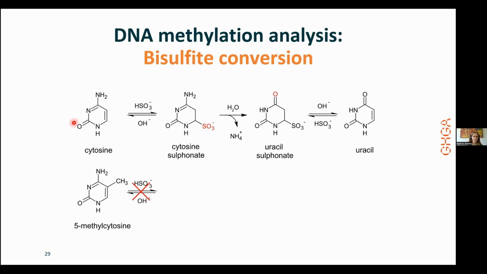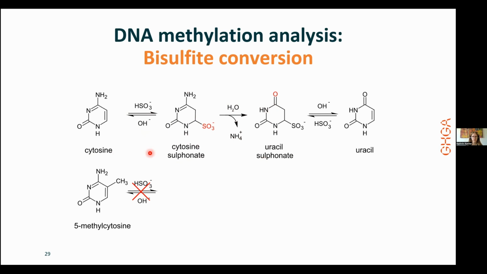If we have an unmethylated cytosine and we treat it with sodium bisulfite, then we have a sulfonation reaction. This means we get the sulfonate group and we end up with cytosine sulfonate. In the next step, because this is quite unstable, we have a spontaneous deamination and we end up with uracil sulfonate.